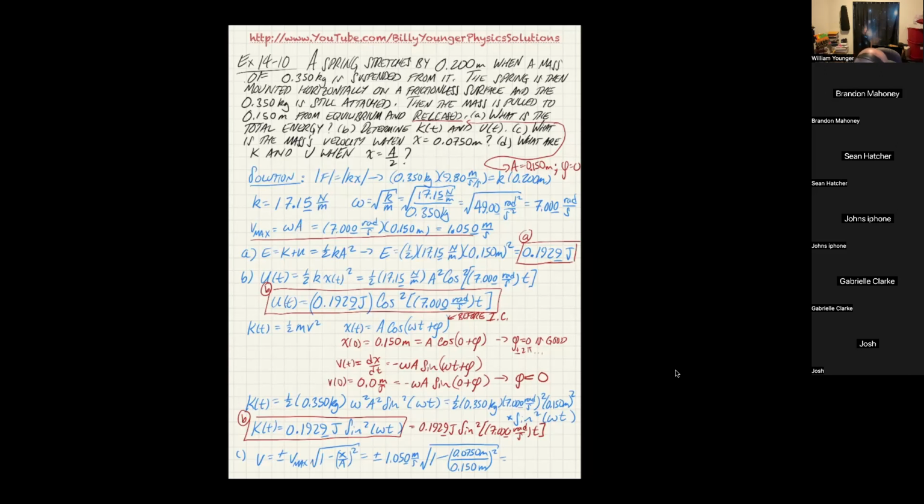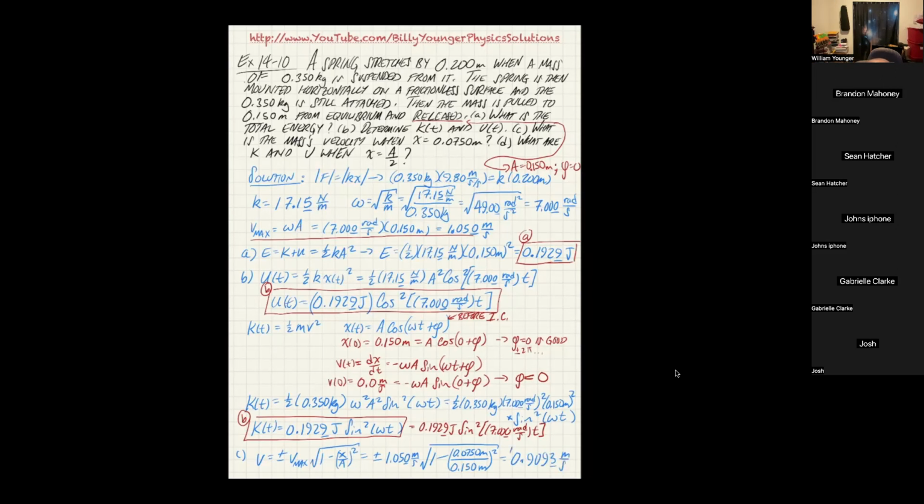I take the square root of that, and that gives me root 3 over 2, which is 0.8660. So this quantity is 0.8660, and then I'm going to multiply that by 1.050, and that gives me 0.909, and carrying one extra sig fig gives me a 3, and that's meters per second.